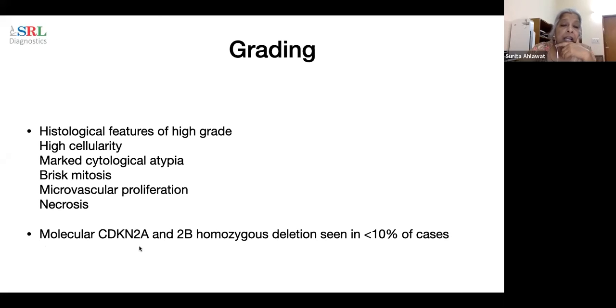The grading depends on cellularity, cytological atypia, mitosis, microvascular proliferation, and necrosis. If you see any of these features, it will become a grade 3 oligodendroglioma. And if there is a homozygous deletion of CDKN2A or 2B, again it will become grade 3. But this is only seen in less than 10% of cases.